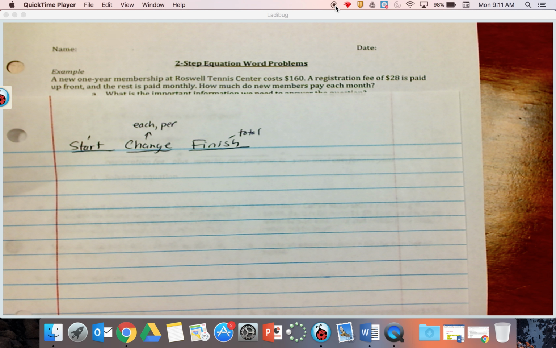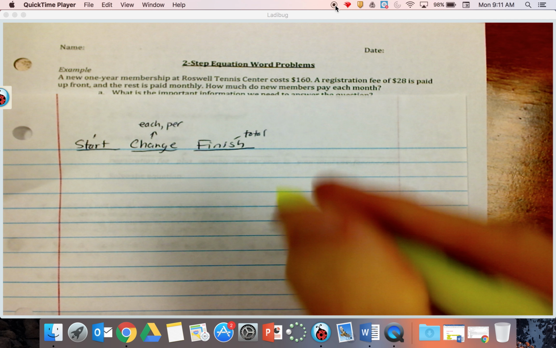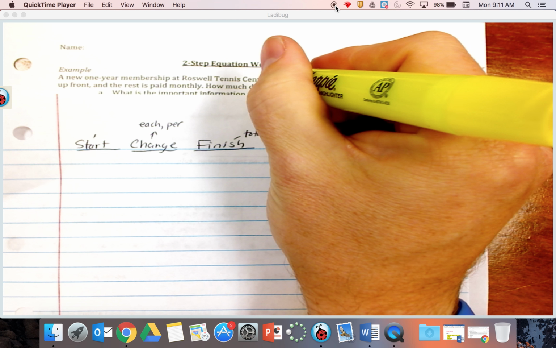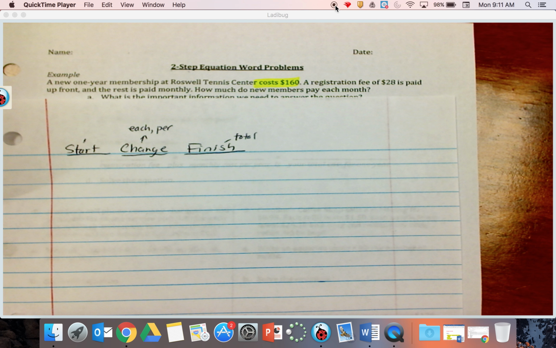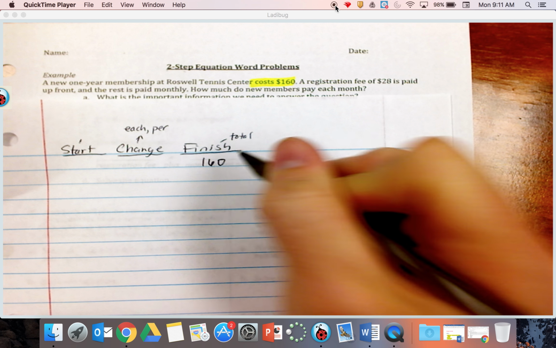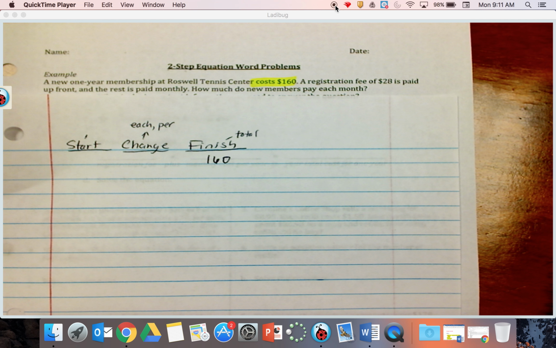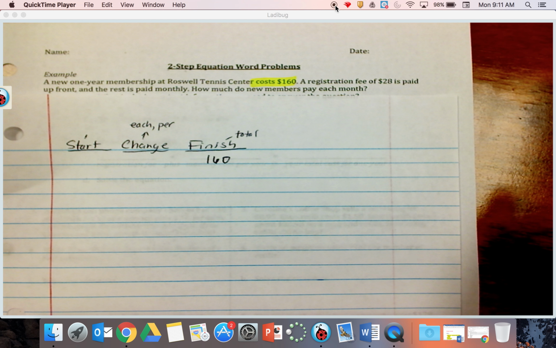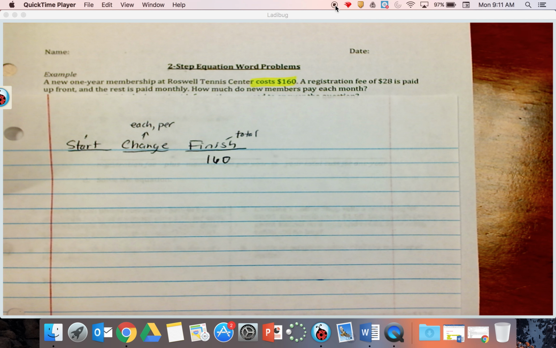So let's look at the first problem. It says a 1-year membership at a Roswell Tennis Center costs $160. So it costs that much, which means that's going to be in my finish. A registration fee of $28 is paid up front.